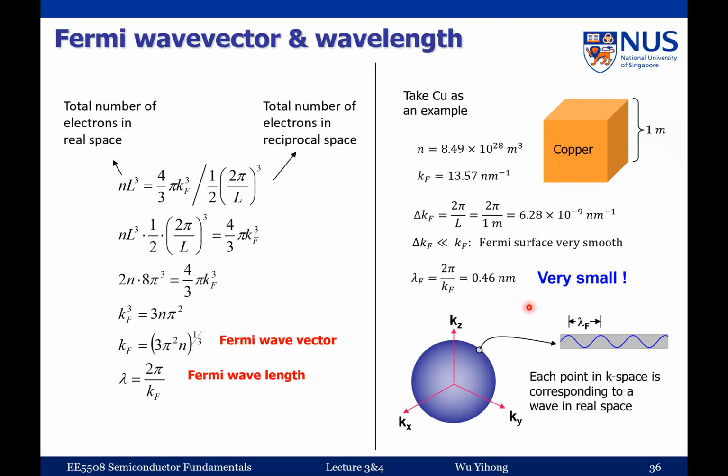So this is something like the length scale of electrons in metal, okay? This means that the electron is a wave. Inside the copper, you have electrons with all different types of wavelengths, right? And those near the Fermi surface will have a long wavelength. But these kinds of electrons are just like water in the ocean. They won't contribute to electrical conduction, right?